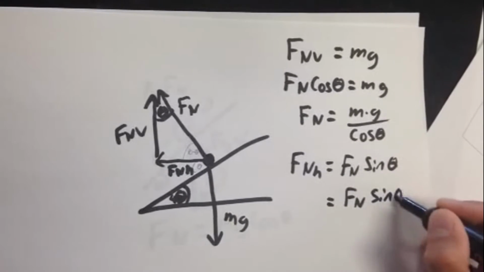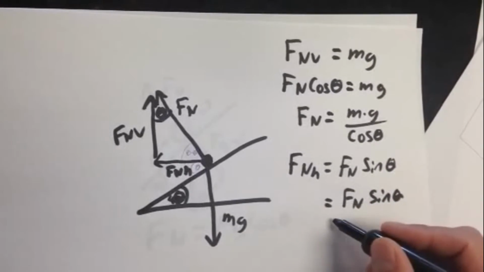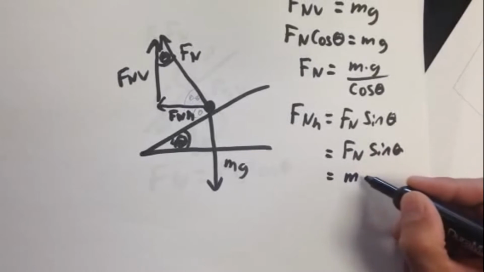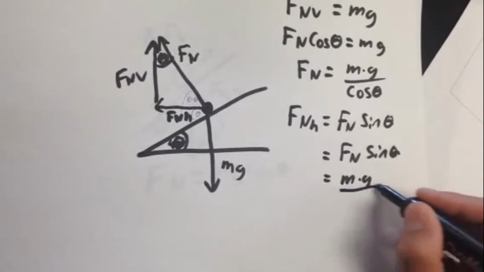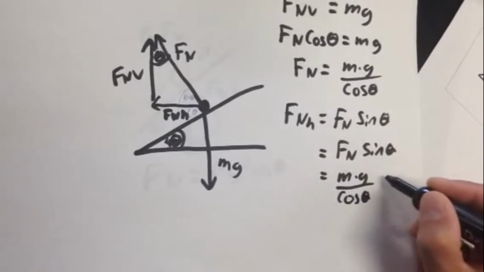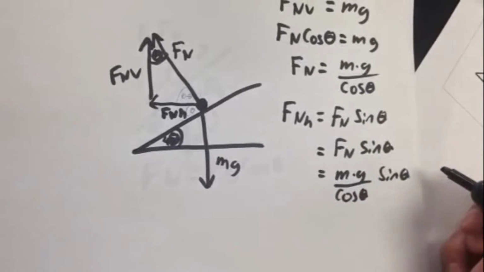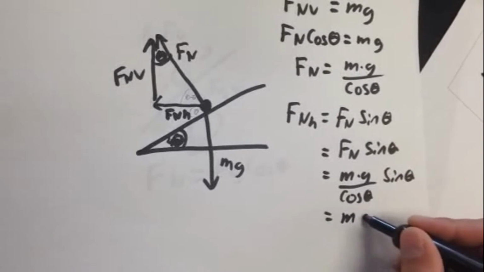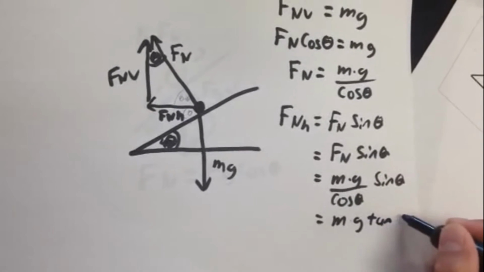And that is equal to m times g divided by cos theta, times sine theta. And that's just a simple trig identity. This is mg tan theta.